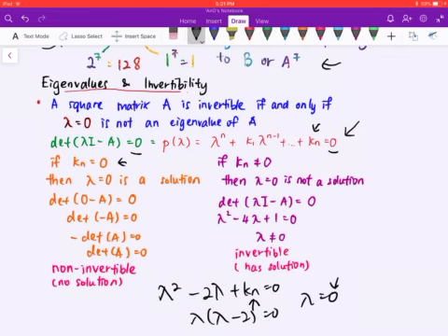When you substitute lambda equals 0 back into the characteristic equation, you end up with the determinant of minus A. You can factorize out the minus, and then you get the determinant of A is 0. So it is non-invertible, which means there is no solution.